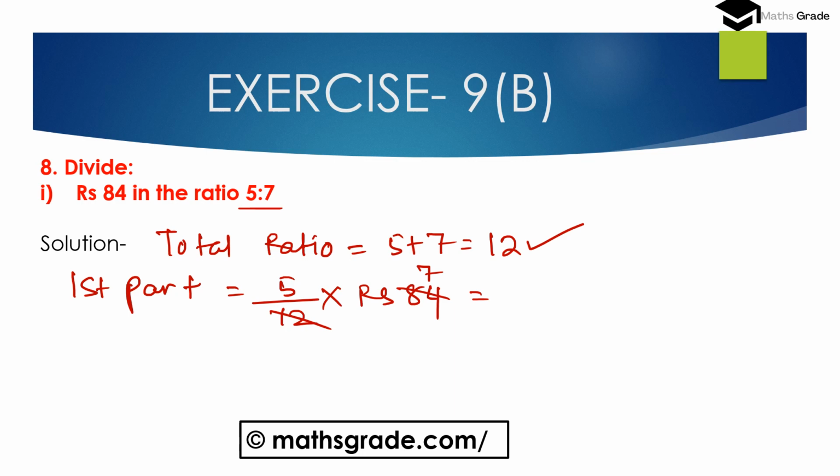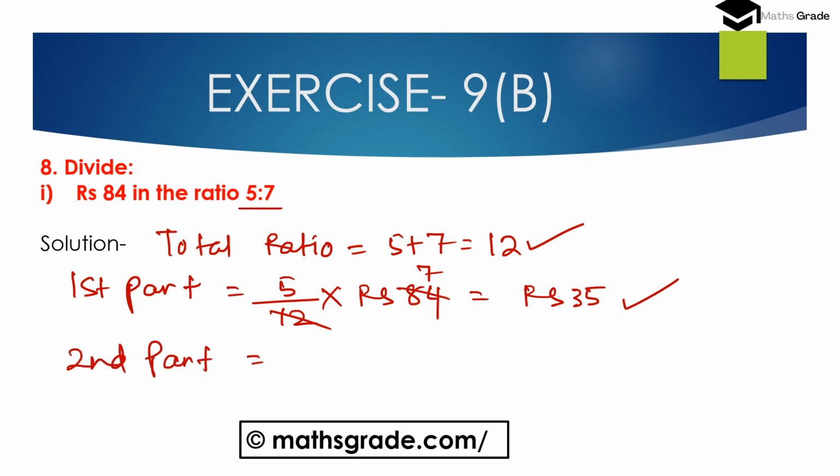Cancelling 12 and 84, we get 7, since 12 multiplied by 7 is 84. Now 5 multiplied by 7 is 35.